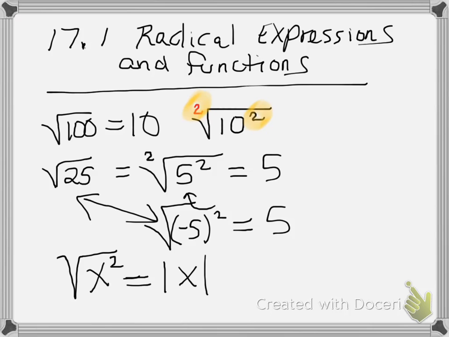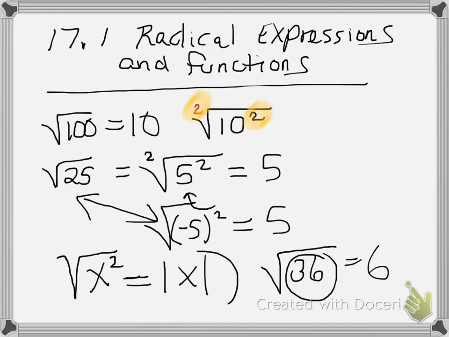When you take the square root of something, you're not going to get a negative. If you have the square root of 36, you're going to get 6. But inside, that could be a negative 6 or a positive 6 being squared to make 36. We don't have to worry about it when it's numbers. You have to worry about the absolute value when it's variables taken to an even power. We'll talk a little more about that as we go through.